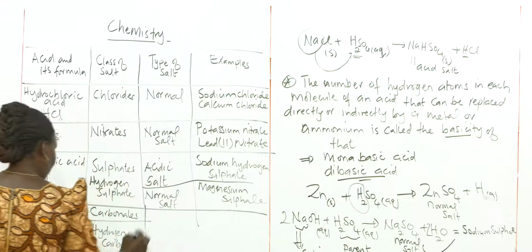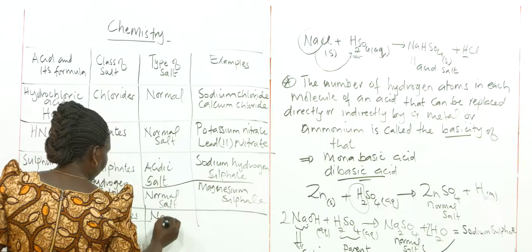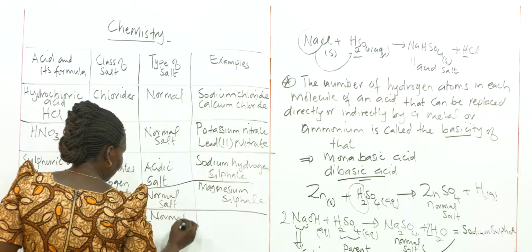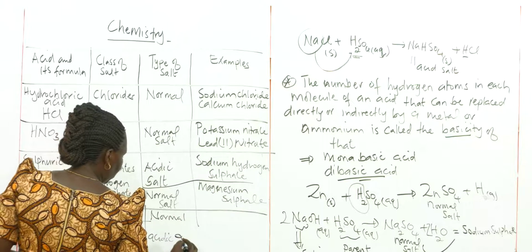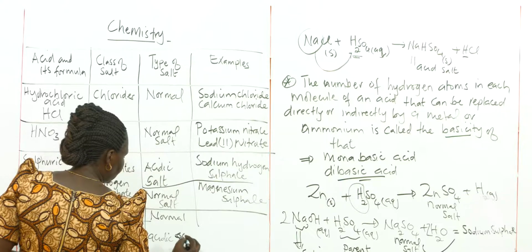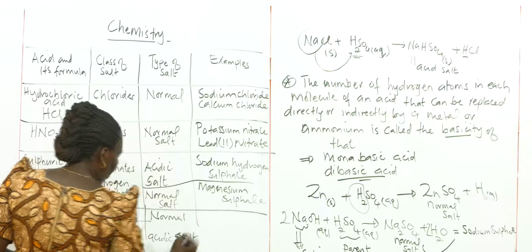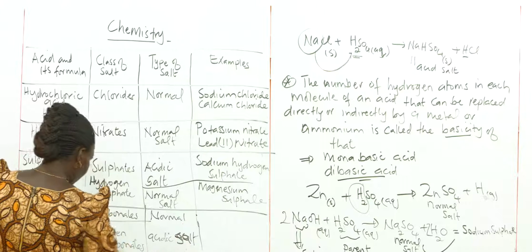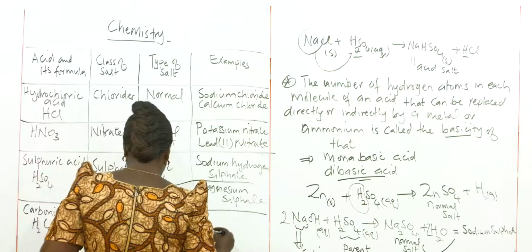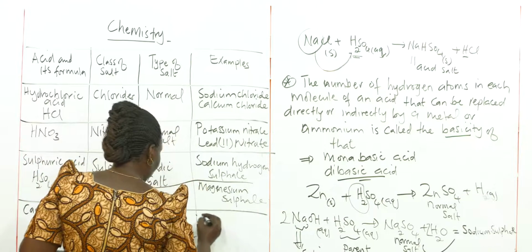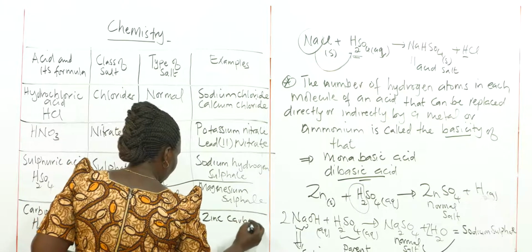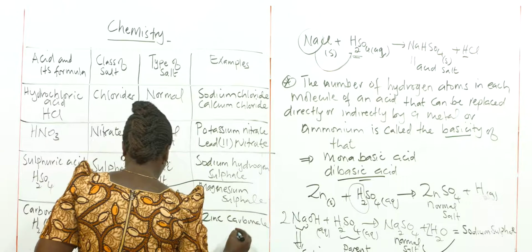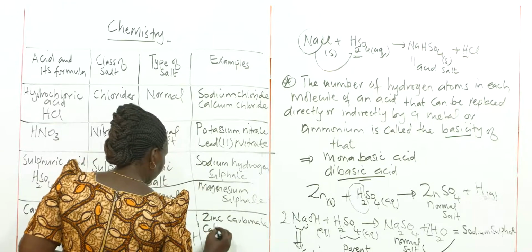We can get normal salt from carbonates, and acidic salt from hydrogen carbonate. When it reacts with zinc, we get zinc carbonate, or with calcium, calcium carbonate.